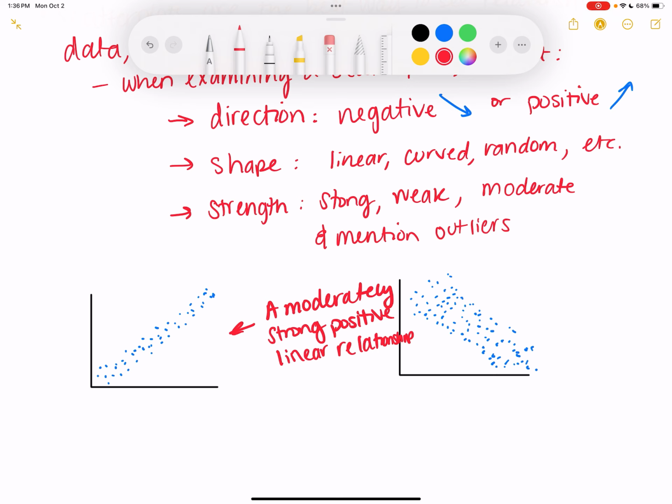Then the one on the right is, we need to add a couple dots probably to make it look, is going to be a weak, negative, curved relationship. It's like how tightly the dots are packed together. Got it.